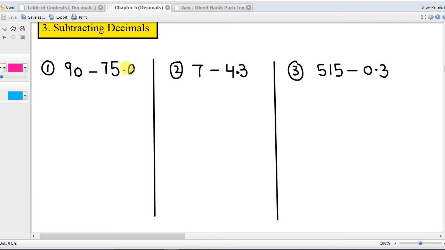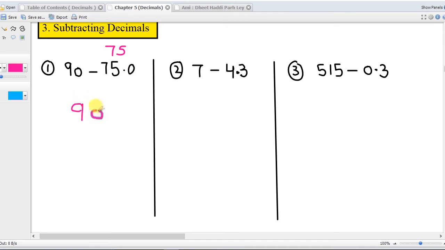Remember, this 75.0 is also named 75 because the zeros after the decimal point do not have any value. Whether you write 75.0 or simply 75, you will get the same result. Since we are subtracting decimals, they just wrote this question in the form of a decimal.